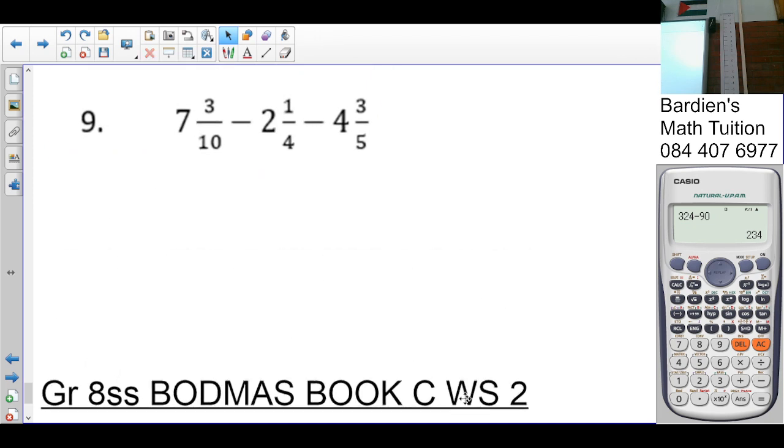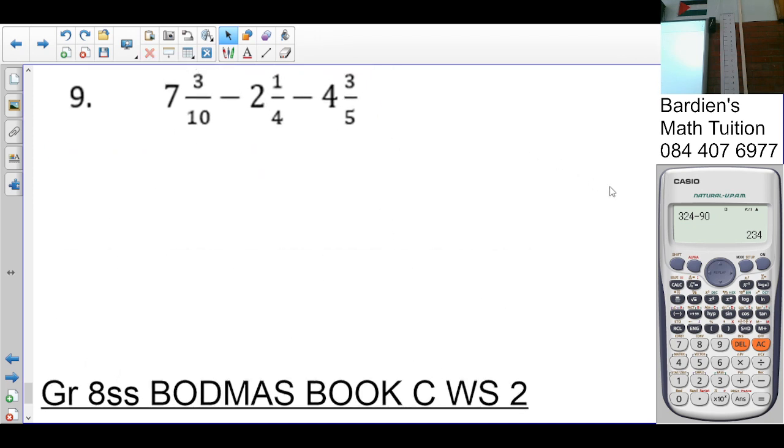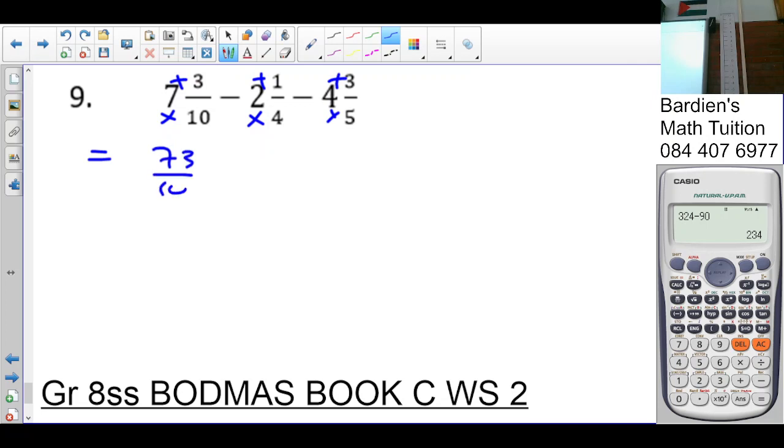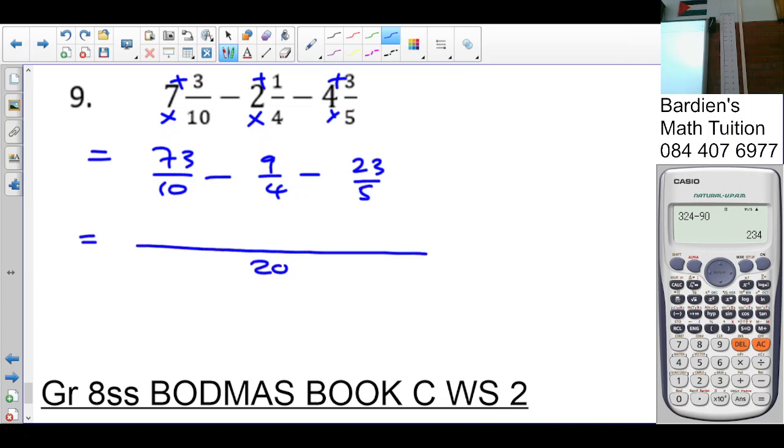Not so? Nice. Right. What do I do first? Improper fraction. So multiply, add, multiply, add, multiply, add. That's 73 over 10. Minus 9 over 4. Minus 23 over 5. What's my LCM here? 20. So you multiply this by 2. Times it by 2. 73 times 2 is 146.